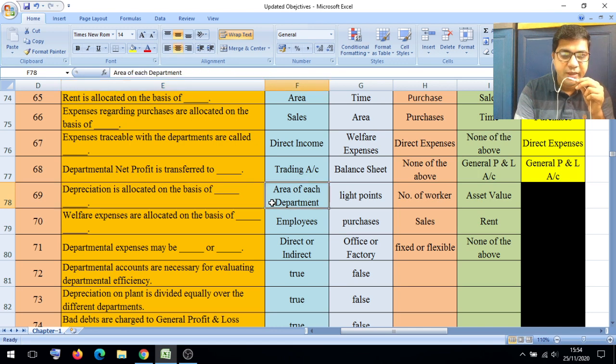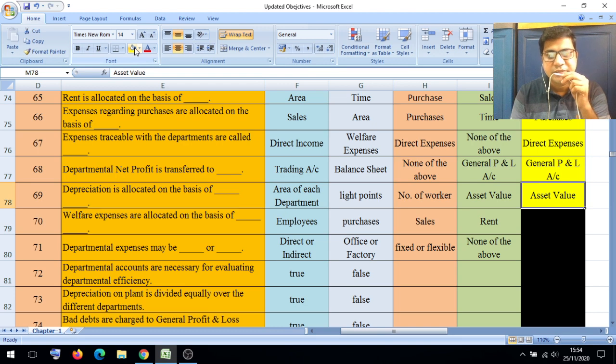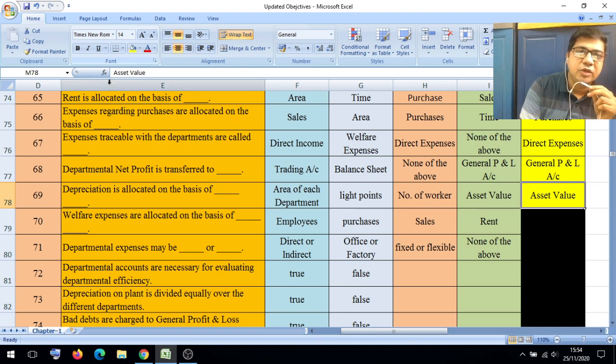Option A, area of each department. Option B, light points. Option C, number of workers. Option D, asset value. The answer is asset value. Always, because we calculate the depreciation on asset value. Therefore, it is allocated on the basis of assets.